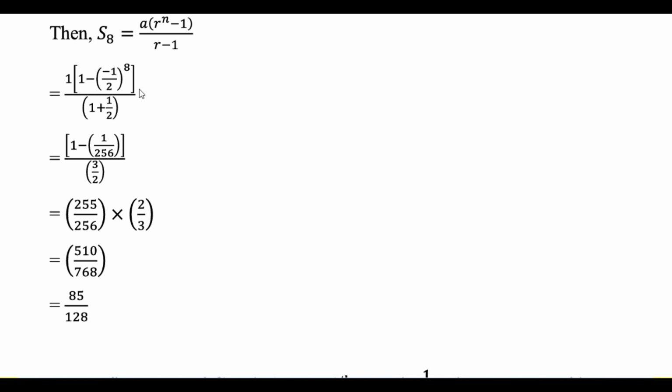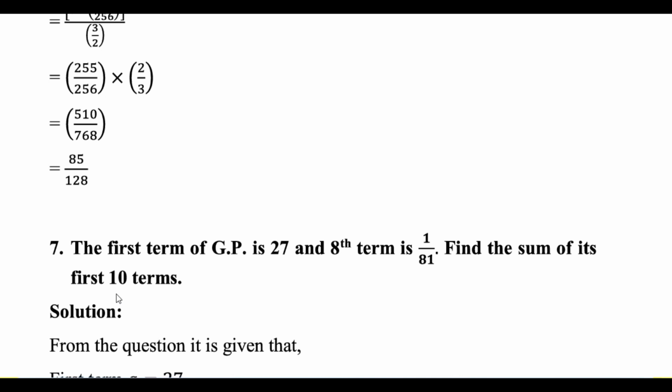If the value of r is greater than 1, I will write r to the power n minus 1. And if the value of r is less than 1, then I will reverse the formula, that is 1 minus r to the power n divided by 1 minus r. That is the only difference. After a little bit of calculation, you will get the value 85 by 128.